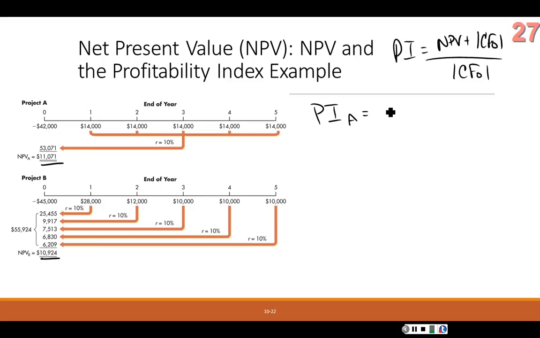So for project A, it's 11,071 plus the absolute value of the cost, 42,000, divided by 42,000. So that gives us 53,071 divided by 42,000 to give us 1.26.